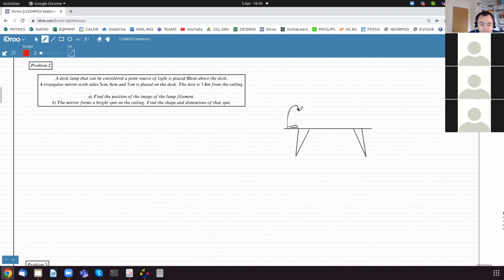And there's a mirror placed on the desk. It doesn't really specify where the mirror is, but let's place the mirror in an arbitrary position. So we'll place the mirror here. This is the mirror.